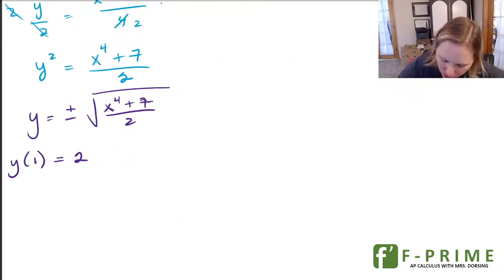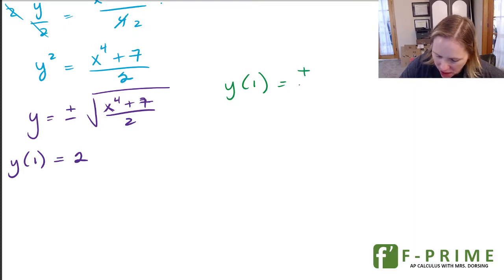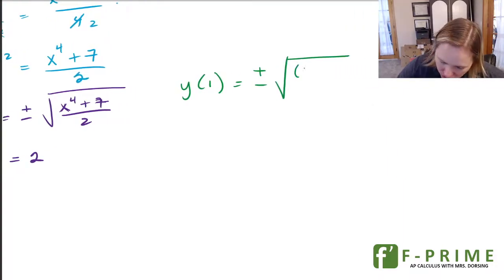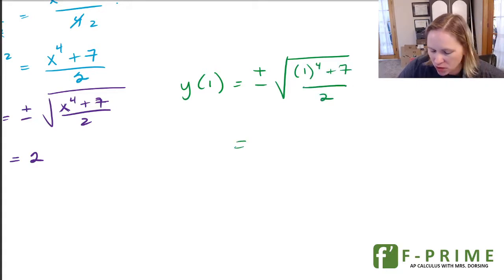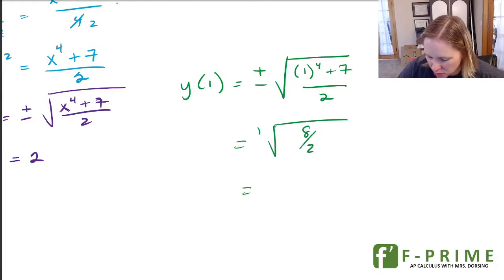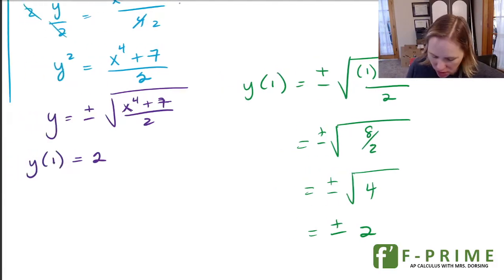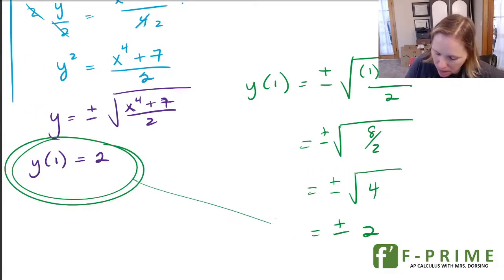If I go over here and if I plug 1 in, if I find y of 1, and I say it's equal to plus or minus the square root of, let's see, 1 to the 4th plus 7 over 2. Okay, well that's going to be the square root of 8 over 2, that's going to be plus or minus the square root of 4, that's plus or minus 2. Y of 1 is not positive or negative 2, it is simply 2.